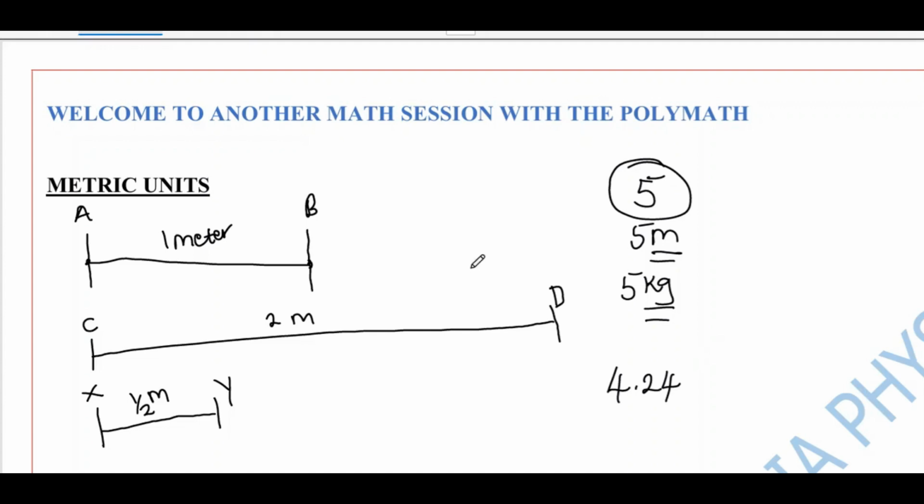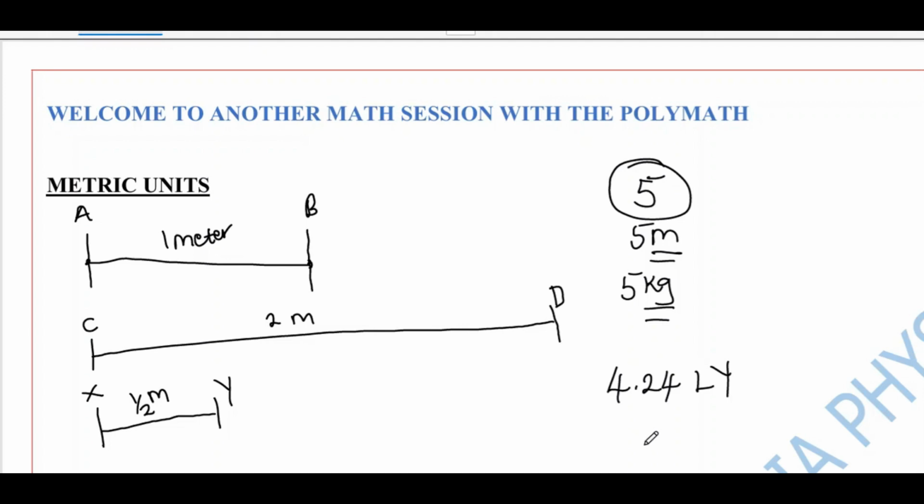It could be 4.24 light years, like the distance from the Sun to Proxima Centauri, which is the second nearest star to the Earth, because the Sun is the closest star to the Earth. The distance from the Sun to Proxima Centauri is 4.24 light years, which means light takes 4.24 years to travel from the Sun to reach Proxima Centauri, which is a member of the Alpha Centauri system.